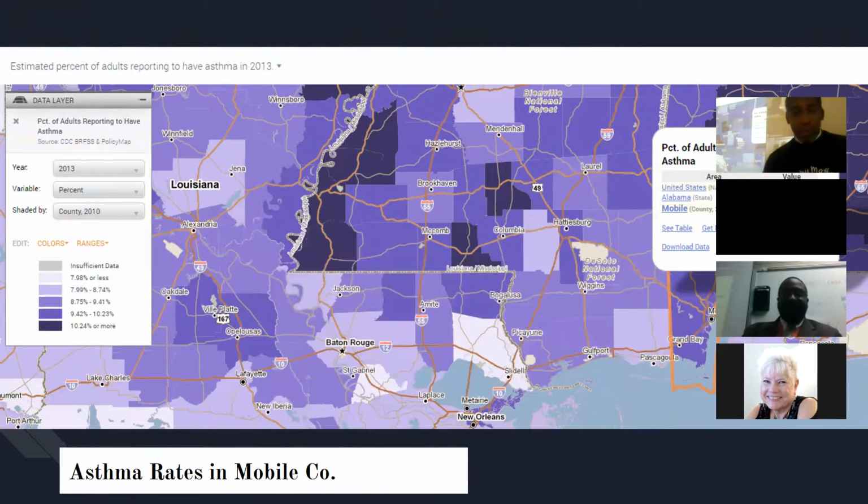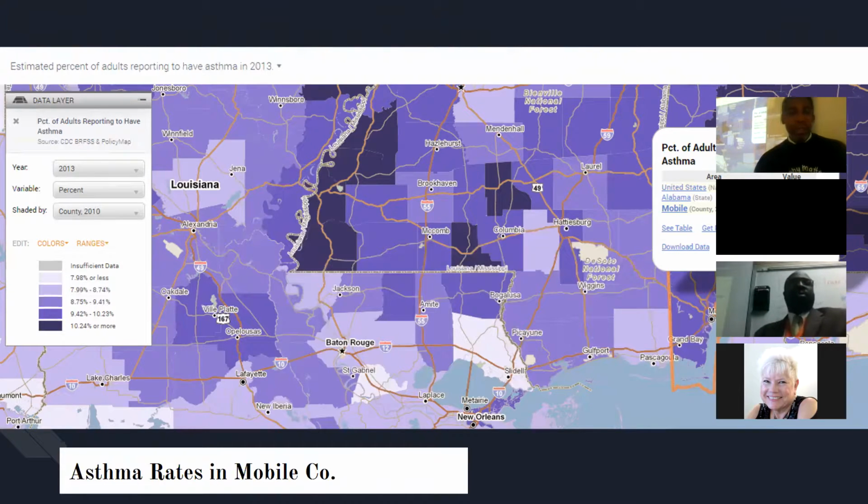in Mobile and in New Orleans, kind of zoomed out. What the PolicyMap platform allows us to do is drill down to the census block group layer and tease out, in this case, health data that aren't necessarily collected at a level lower than the zip code level of geography.